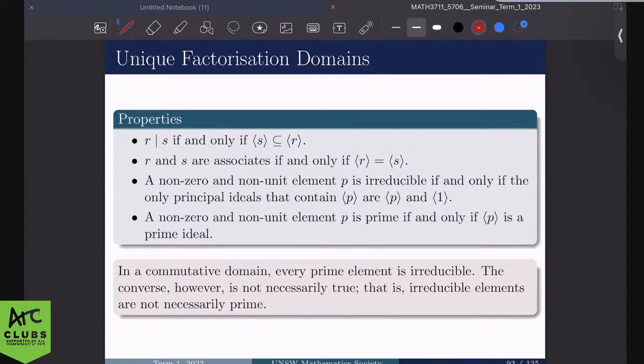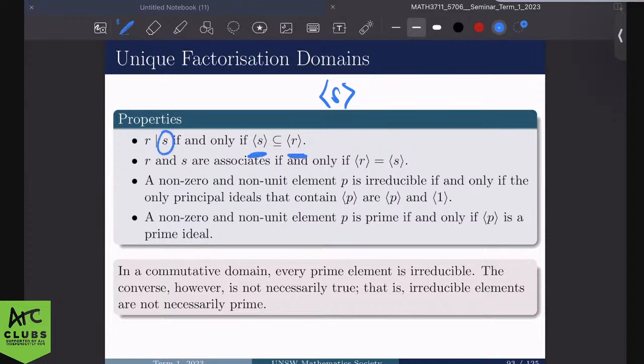There are some properties. So we talked about the ideal generated by S as being the set of all multiples of S. Because you take S, you multiply it by an element of the ring, and it needs to be in the ideal as well, right? So R divides S if and only if one of the ideals is a subset of the other one, right?